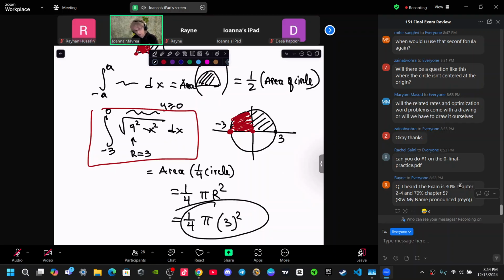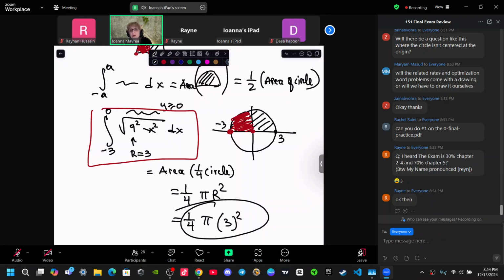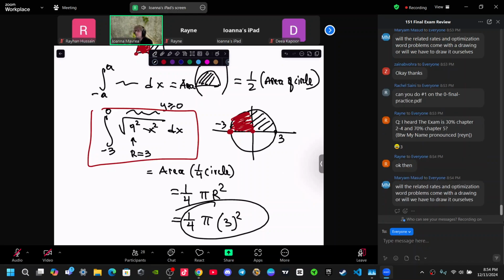That's chapter 5. So that's 16, 26, 36. Nope. Not even close. How many points is this exam? I assume it's 200 points.